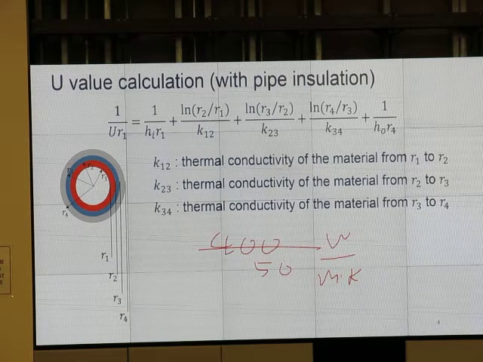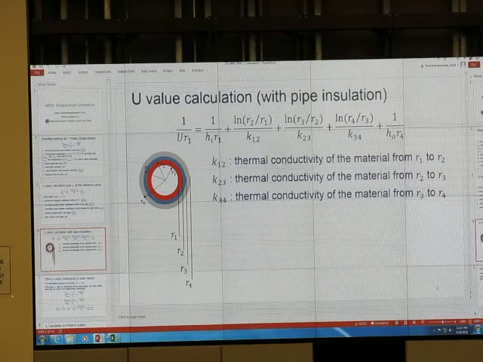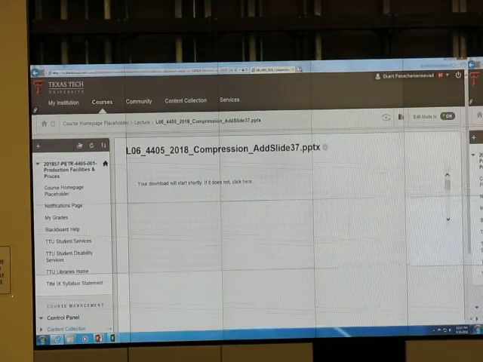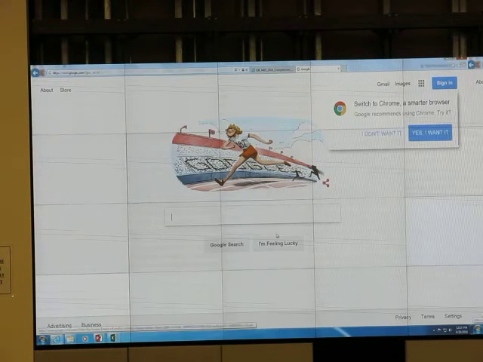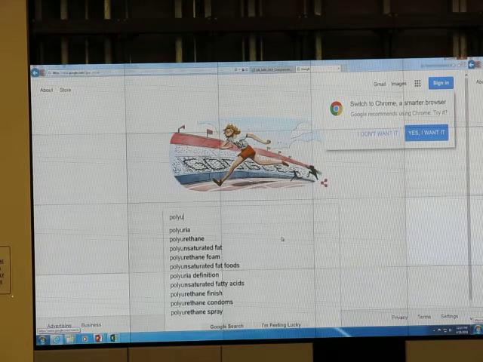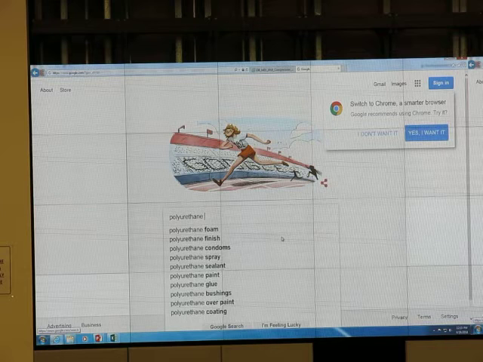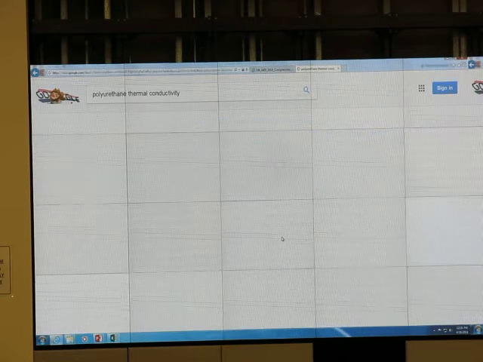Polyurethane, I think it's low. What do you use? Google. You can do it, right? Polyurethane thermal conductivity.